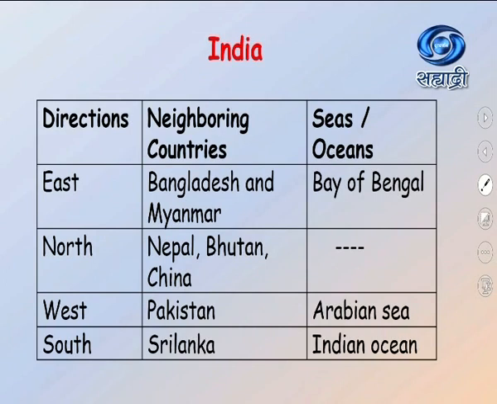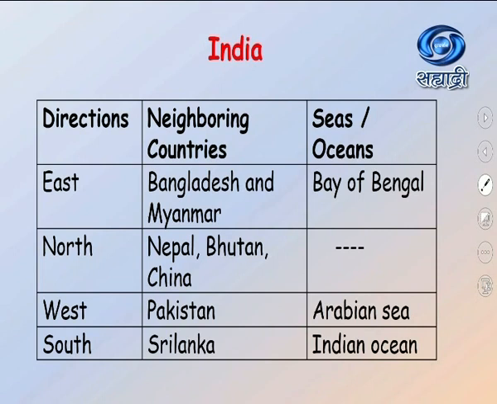Now let's just revise which are the neighboring countries and oceans surrounding India. To the east we find Bangladesh and Myanmar. Then the Bay of Bengal is to the eastern border of India. To the north we find the countries Nepal, Bhutan and China.